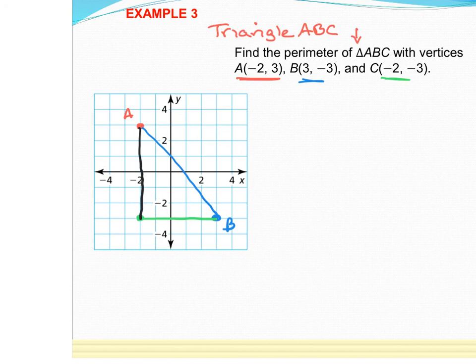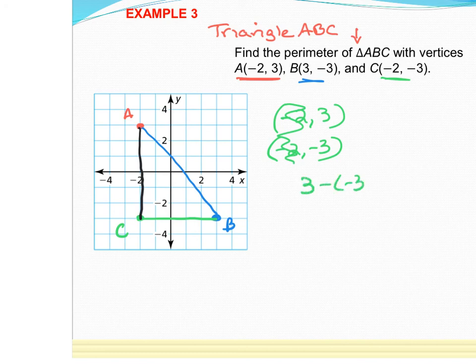Now for the black side, it's the distance between A and C. So A is -2, 3. C is -2, -3. You can either cross off the numbers that are the same, and now we'll just subtract, and I get 6, or count the squares. 1, 2, 3, 4, 5, 6.